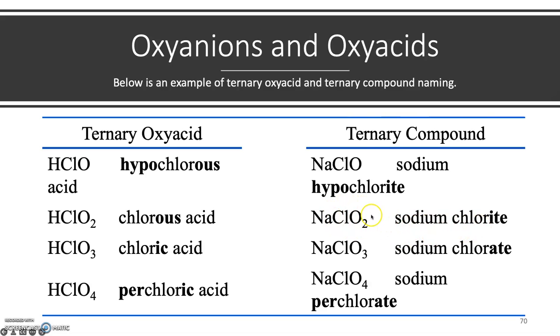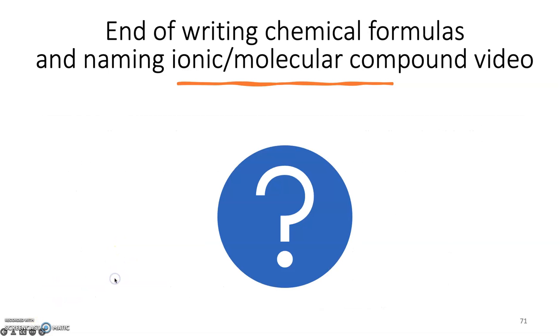It's based on the polyatomic anions, so you can also find this in your textbook. This will end the writing chemical formulas and naming ionic and molecular compounds video.